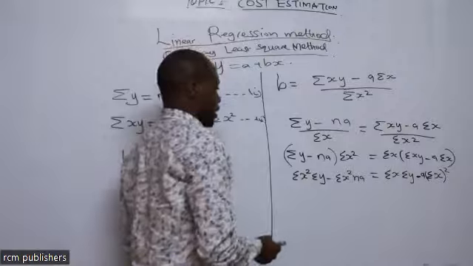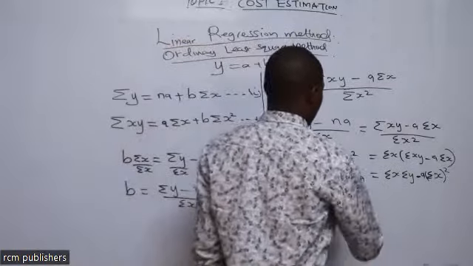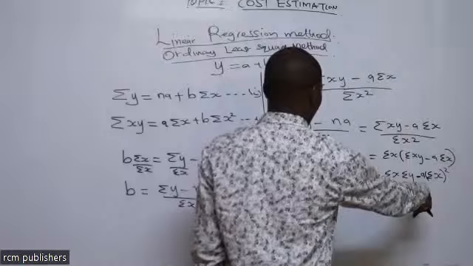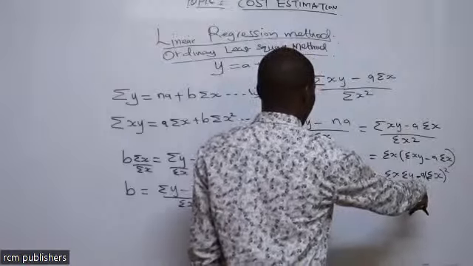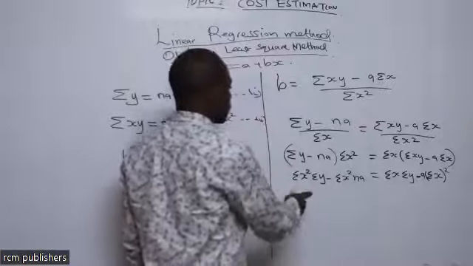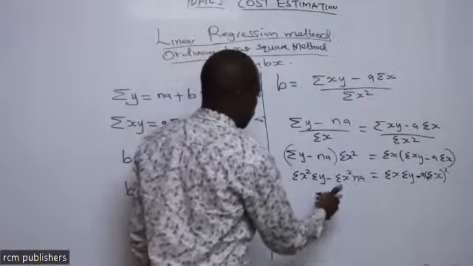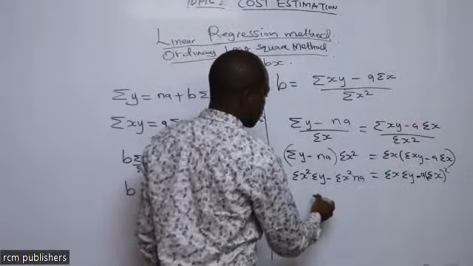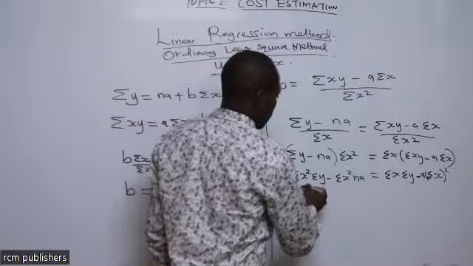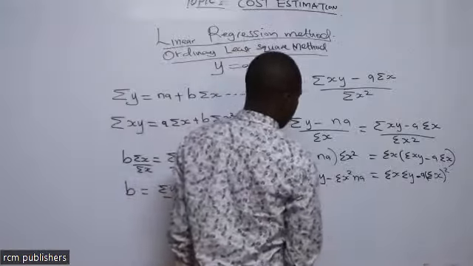Let's have A on its own. So we can take it to this other side. And then we have these ones here together. So we have all of this to go the other side.